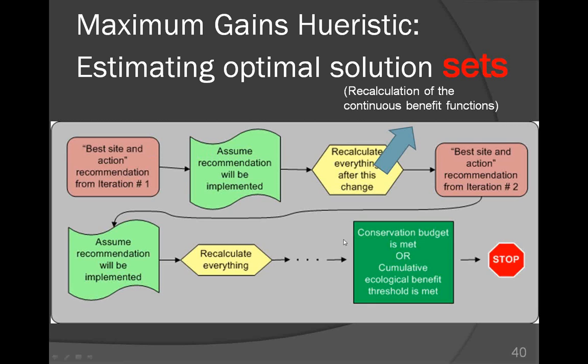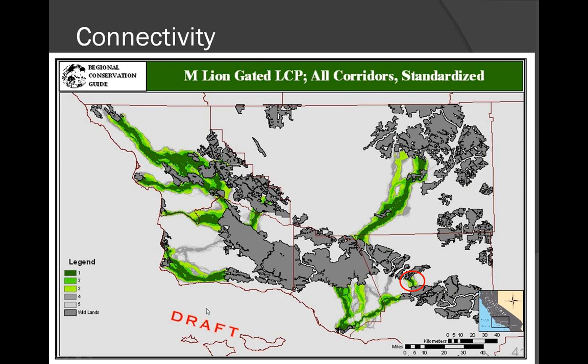So it's not as slick in that regard as simulated annealing in Marxan, and it's definitely not as slick as doing integer linear programming. There's no way you can do ILP for such a complex analysis. Now, briefly breezing through all these, the connectivity algorithm that's part of it is what some people call least cost corridor.